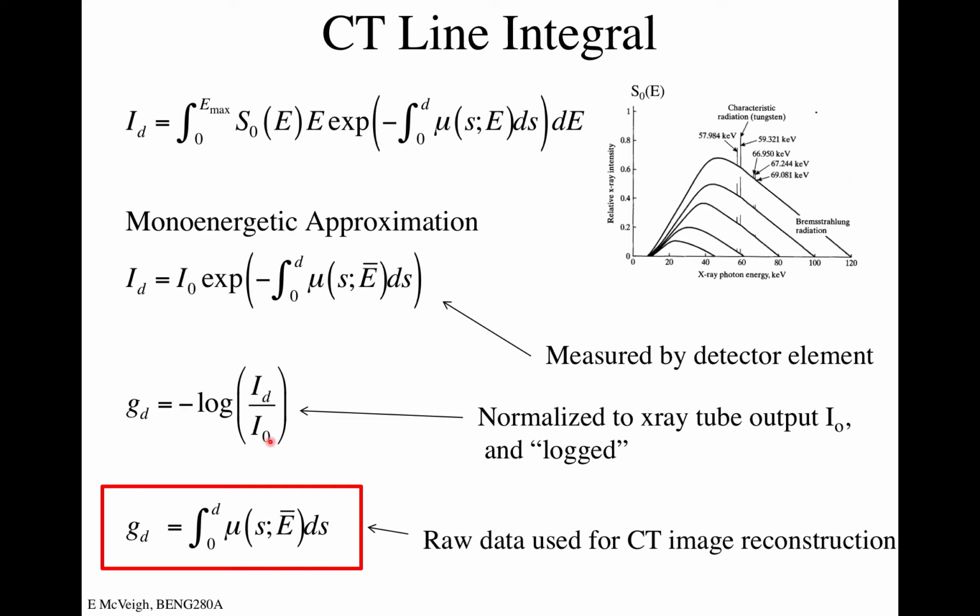If this is 1,000 and this is 500, it's a log of 1/2. So this number is always going to be between 0 and 1. The log between 0 and 1 is always negative, so we put a negative sign here, and that gives us a positive number, essentially proportional logarithmically to the intensity that I measure.